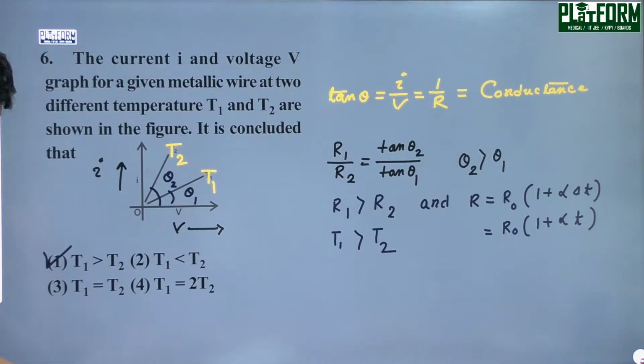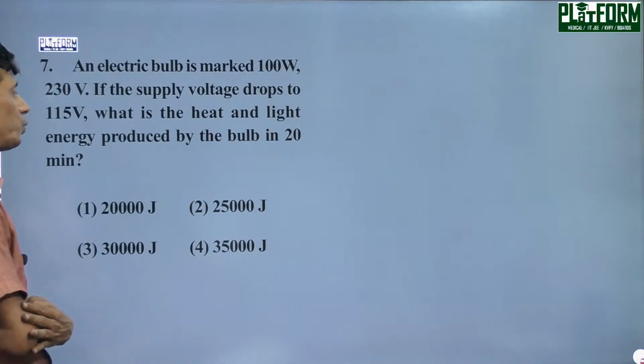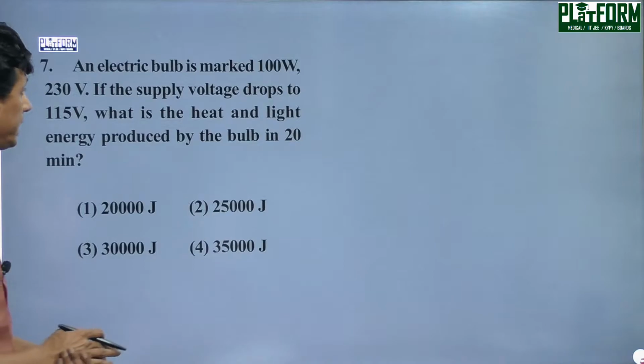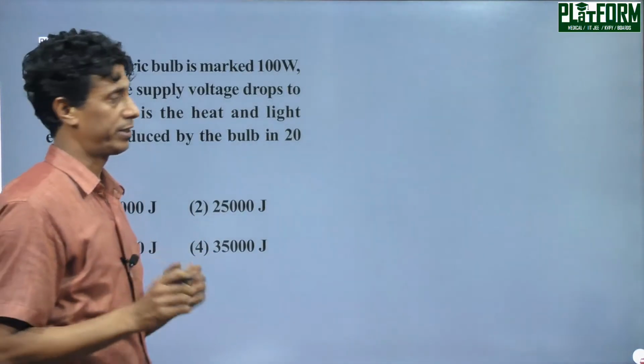Next problem. An electric bulb is marked 100 watt, 230 volt. If the supply voltage drops to 115 volt, what is the heat and light energy produced by the bulb in 20 minutes?